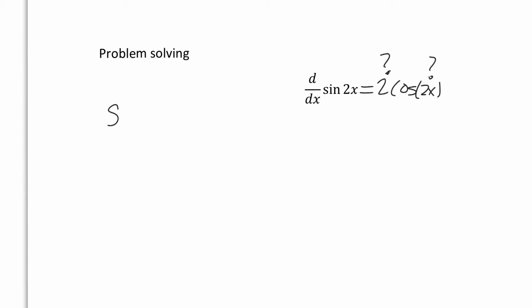We know that sine of 2x has an identity. It's 2 sine x cos x. And now we're back to a pure x, which we can use our regular rules on, and of course our product rule.